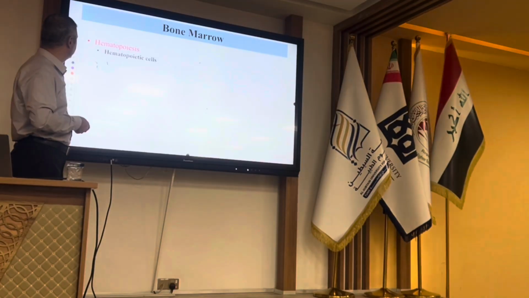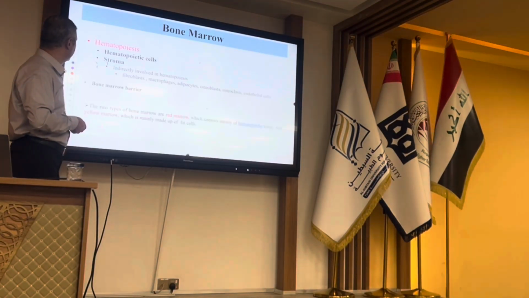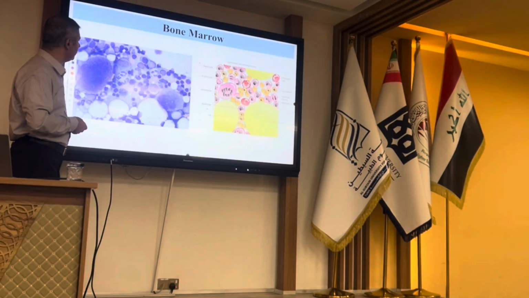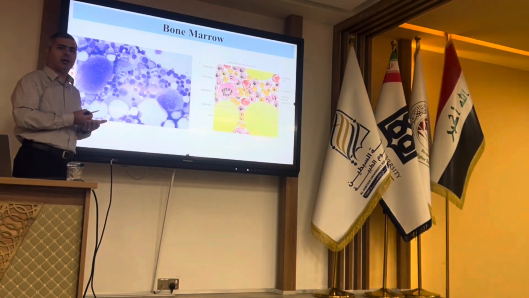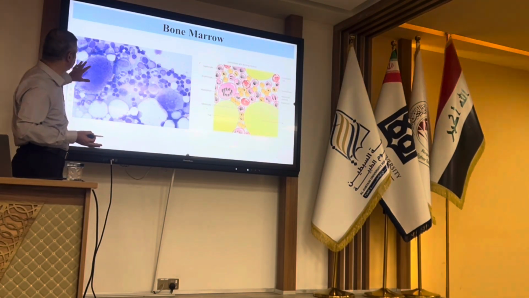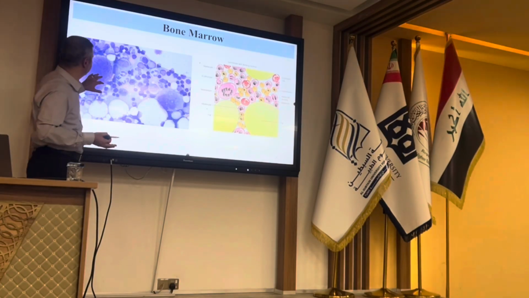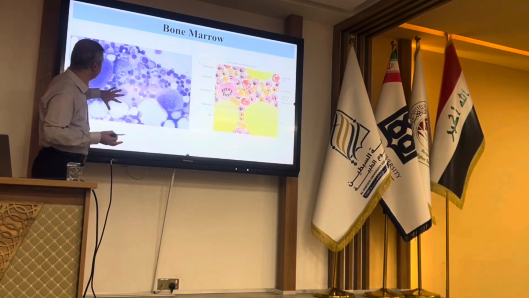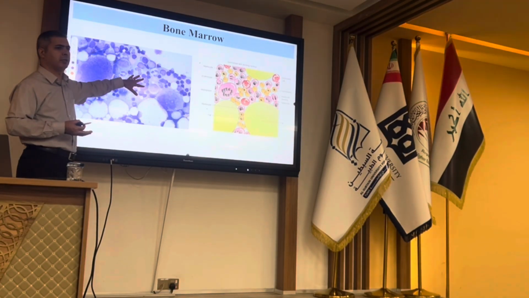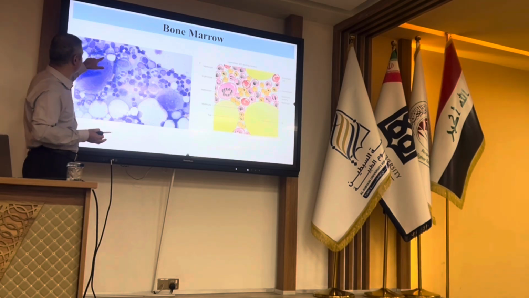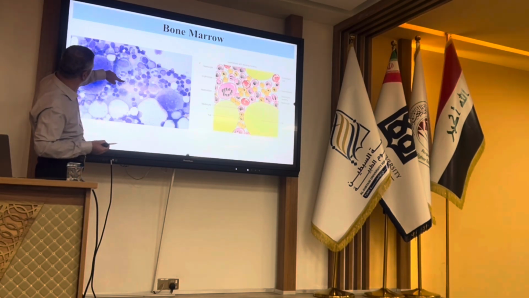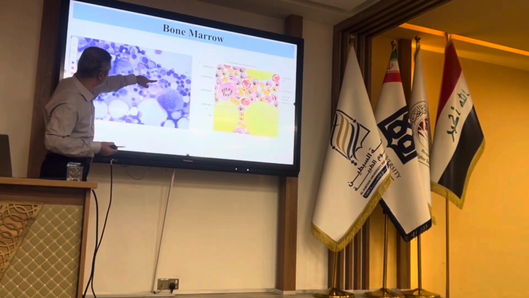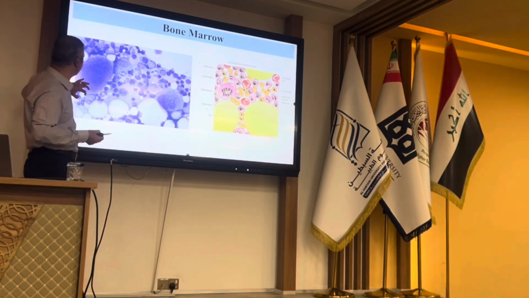I talked about hematopoiesis. You can see here a real smear of the bone marrow on the slide. There are fat cells and different types of cells being produced in the bone marrow. It's a real image. For example, you can see here neutrophils and neutrophil-like cells, lymphocyte-like cells, and the rest of the cells are immature.